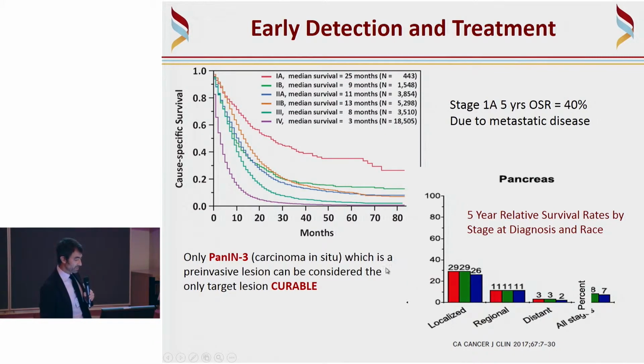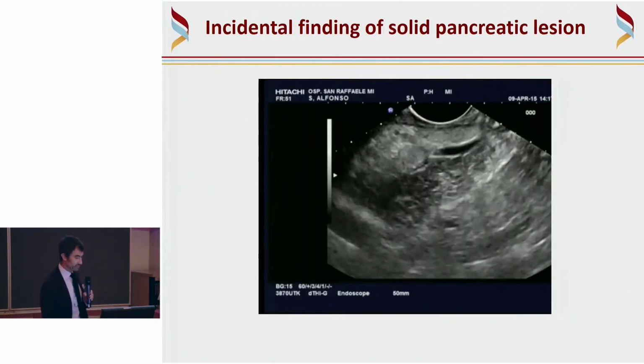So we now know that if we want to select a patient with a pancreatic lesion who is curable, this is a patient with a PanIN-3 lesion and not another kind of lesion.